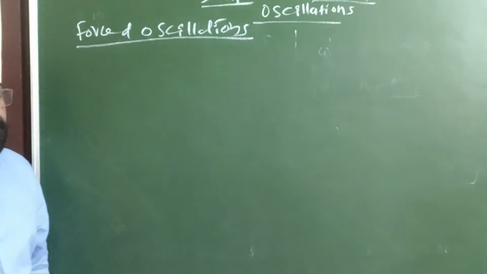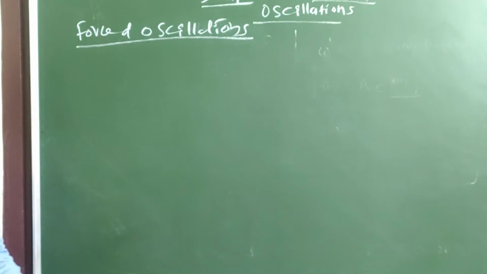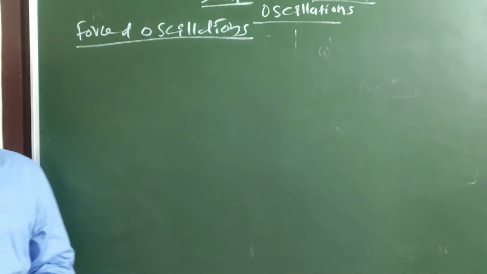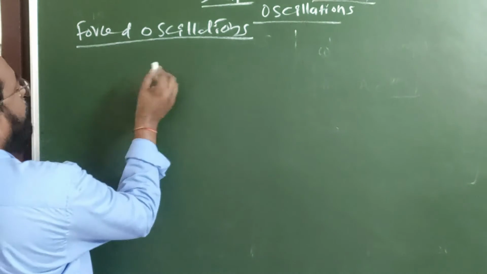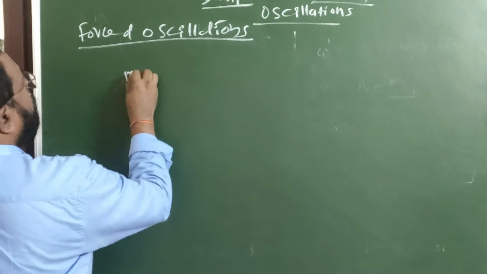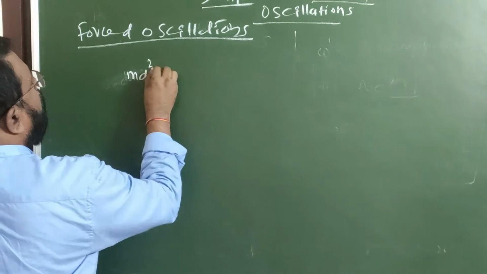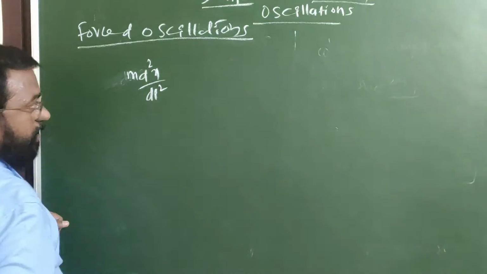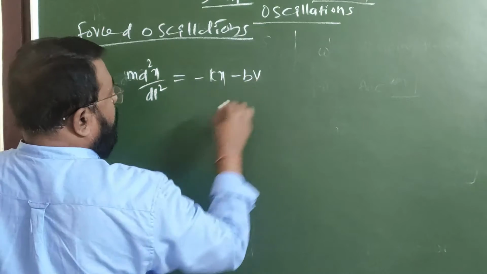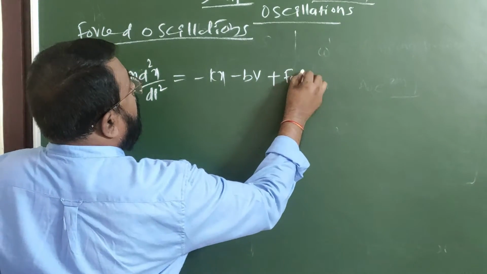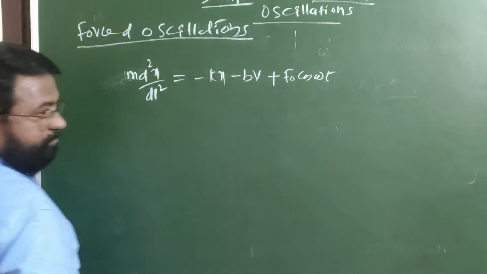Forced oscillations. See, when a body is oscillating in a medium due to the restoring force, the amplitude of oscillation goes on decreasing. To continue the motion we have to supply some external periodic force. In that case, the net force is m into d square x by dt square, that is equal to minus kx minus bv plus F naught cos omega t.